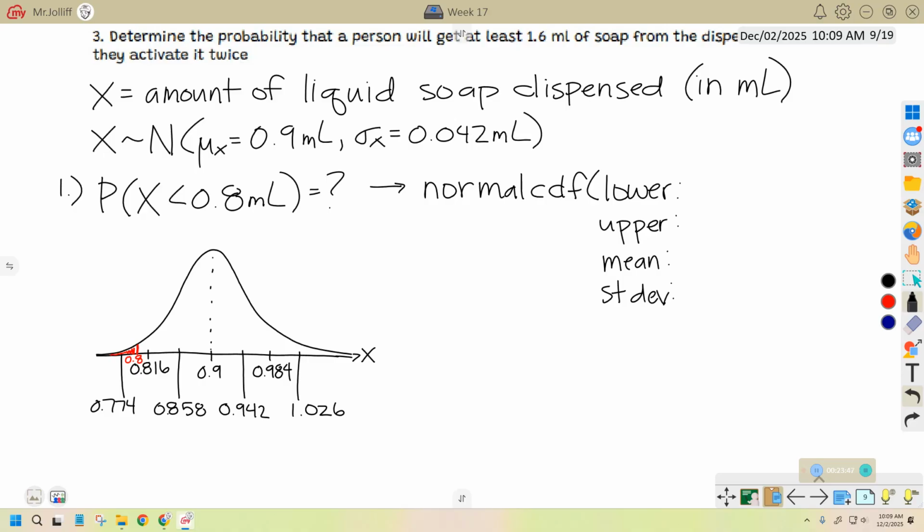Because we know this model technically goes forever. Yeah, negative 1e99. Good. Yes, in reality, it stops at 0. Our model goes to infinity. And so we're going to go out to infinity. Usually it's going to make very little difference, but it's better to be precise with the model. Good. Upper bound. 0.8, perfect. And then we have the mean and standard deviation above. So mean is 0.9, standard deviation is 0.042. Perfect.